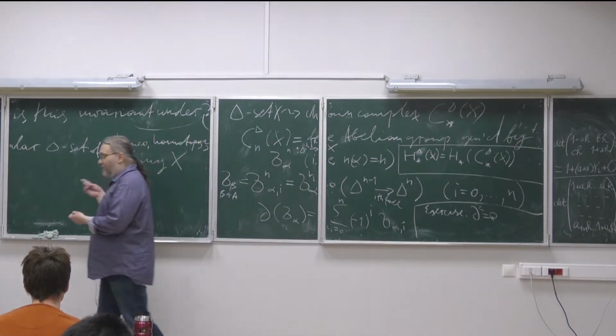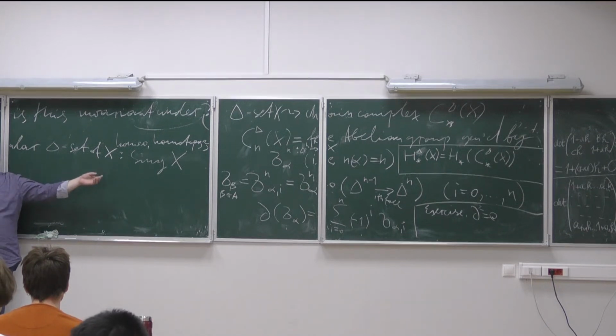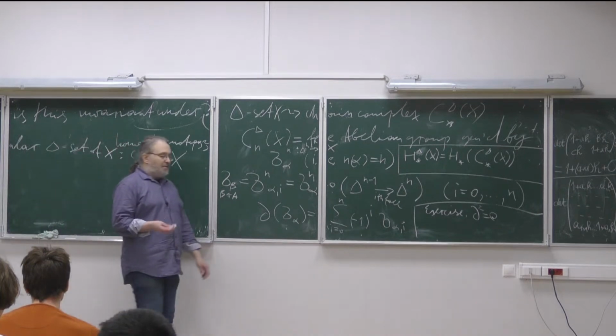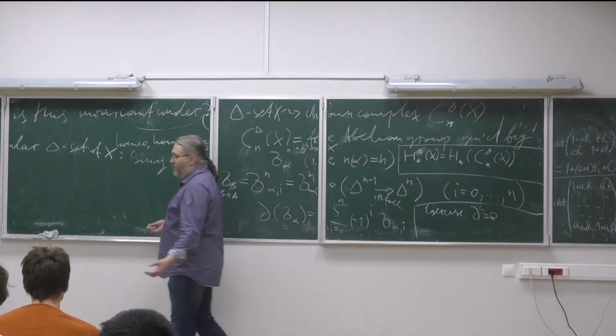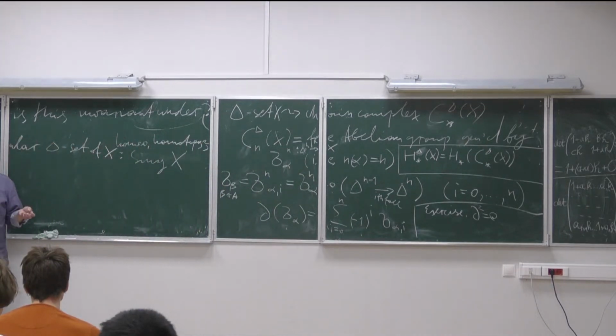So the delta set will be, in all interesting examples, quite large. The number of simplices will often be quite large, meaning literally there will be a continuum of simplices of all dimensions.